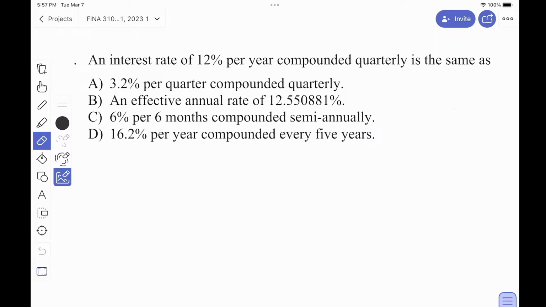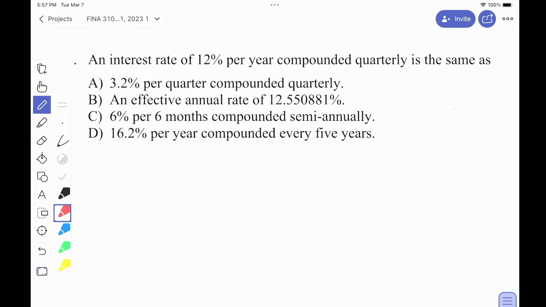Do I need to do this? You guys got it? Who wants me to do it? This is great if I don't have to do them and you can just do them. It is advisable to try all the options, right? Just to catch yourself in case you made a mistake. Try and calculate all the alternatives. So anyone wants me to solve this? Is there anyone that would like me to solve this?